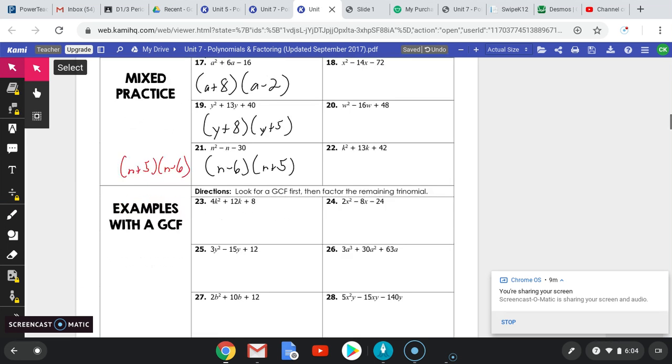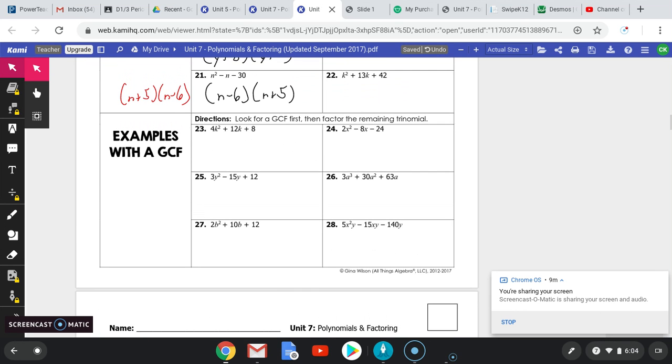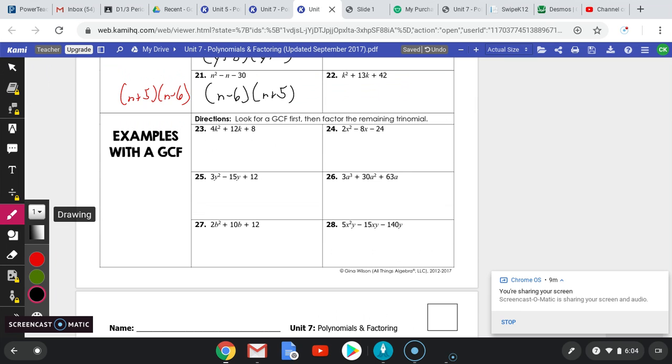All right, the next part here is examples with a GCF. Remember what I talked about in the last couple of videos actually. The first thing you want to do before you do any factoring is to see, is there a GCF? And then see, can I go any further? So if I look at 23, is there a GCF? Well, yes, the GCF is 4.